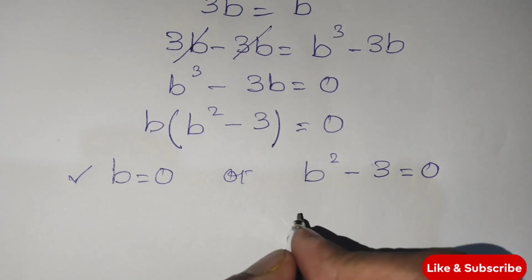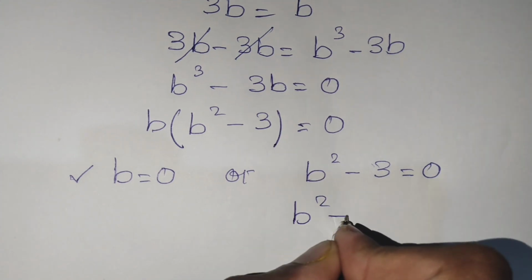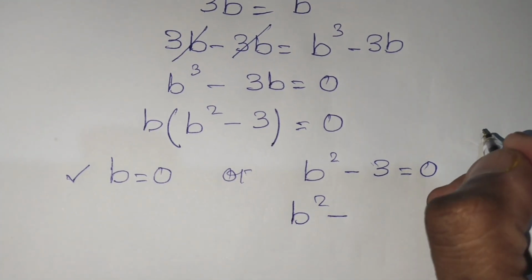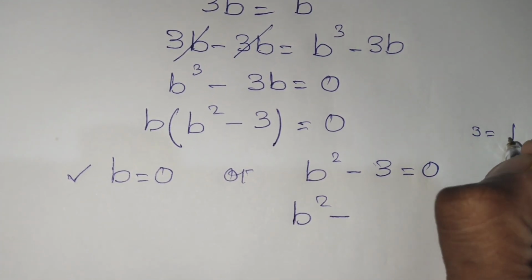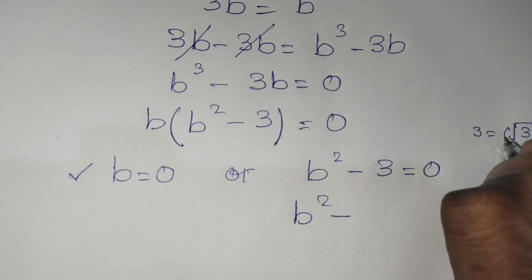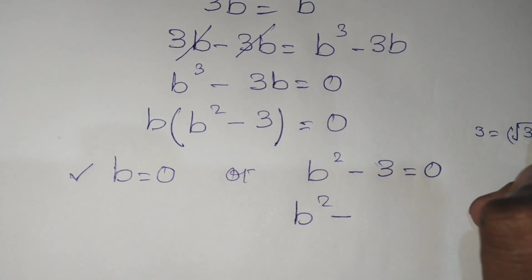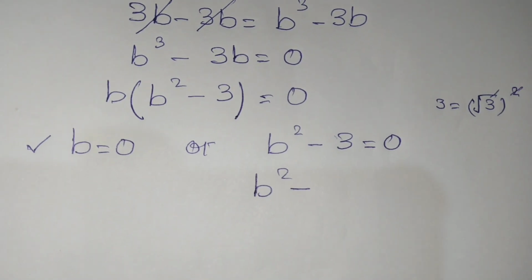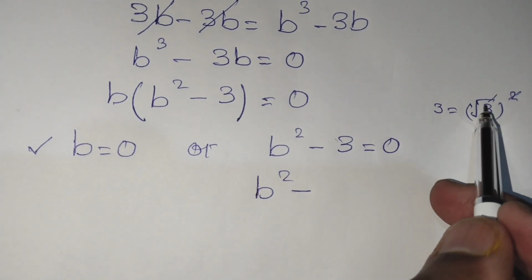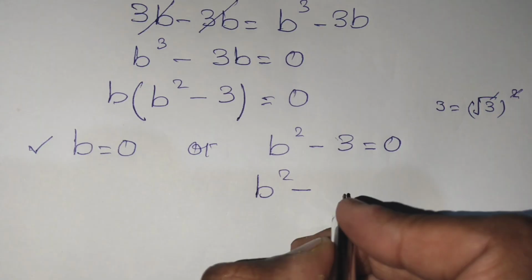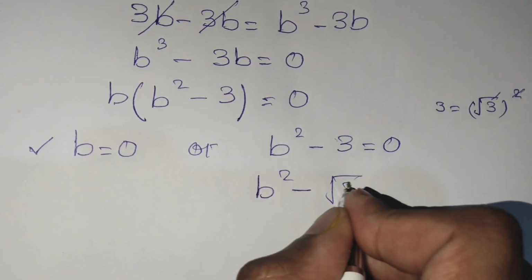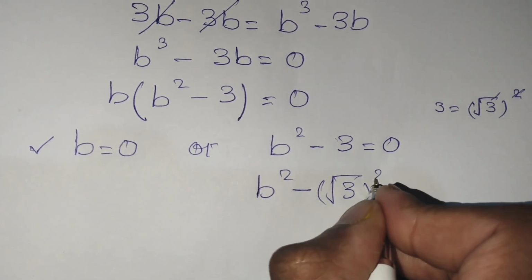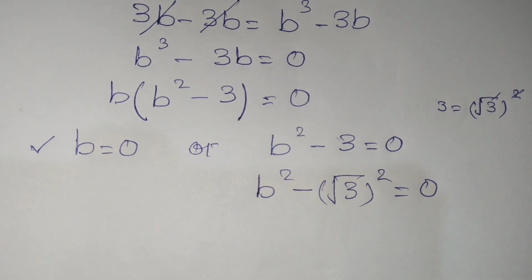We can write b square minus 3, where 3 can be written as square root of 3 whole square. Square cancels square root, back to 3. So it will be b square minus square root of 3 whole square is equal to 0.